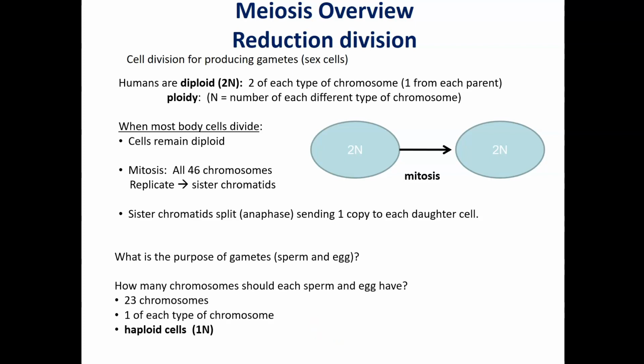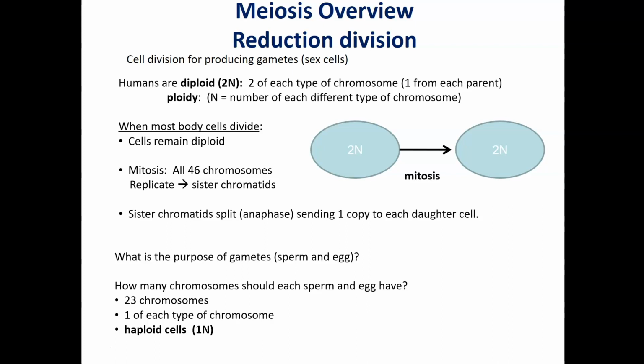So by the end of this process, each sperm or egg will be haploid as opposed to diploid. It's only going to have one of each type of chromosome. And again, this makes sense if you think about it, because when the egg and sperm come together, if they both started with 2N, by the time they came together, you would have 4N, which would be very problematic.